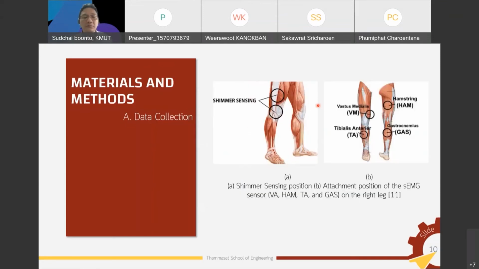Figure A shows the mounting position of Shimmer3, with the accelerometer and gyroscope also included in Shimmer3. The SEMG mounting positions shown in figure B are the GAS position, VM position, GA position, and HAM position.